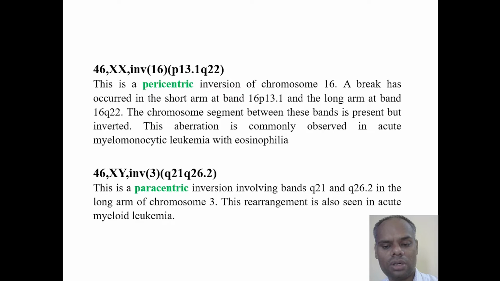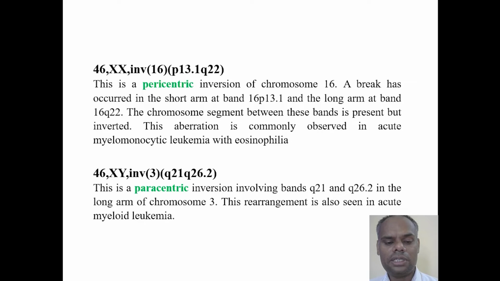A break has occurred in the short arm at band 16p13.1 and the long arm at band 16q22. The chromosome segment between these bands is present but inverted. These aberrations are commonly observed in acute myelomonocytic leukemia with eosinophilia.